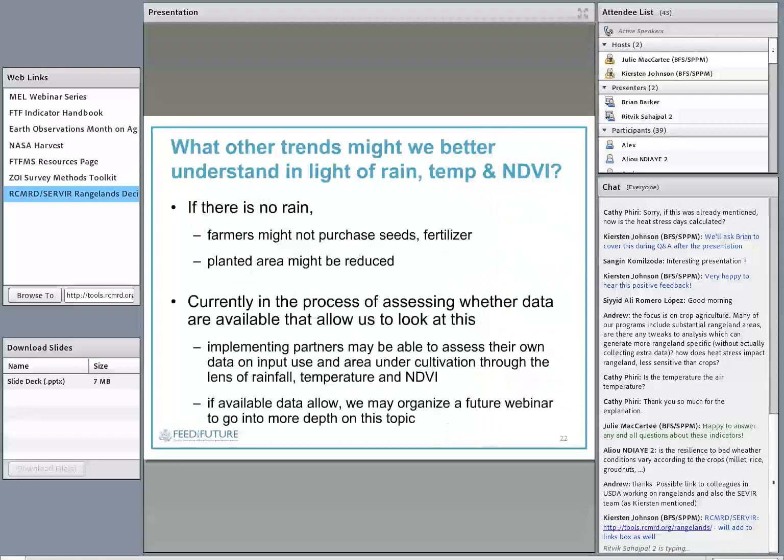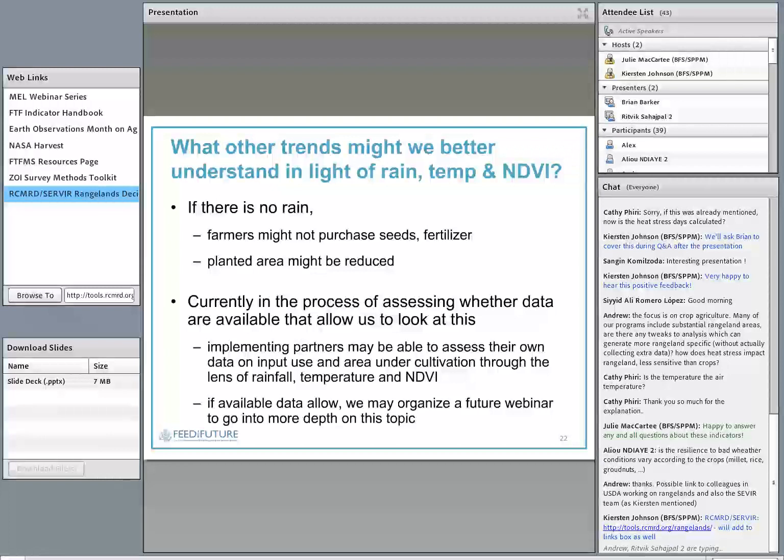Okay. So, in closing, we just wanted to think through what, in addition to yields, what other trends we might also better understand in light of rainfall, temperature, and NDVI. So as I mentioned before, if there's no rain, for example, farmers might decide not to invest in improved seeds, or they might not buy as much fertilizer.